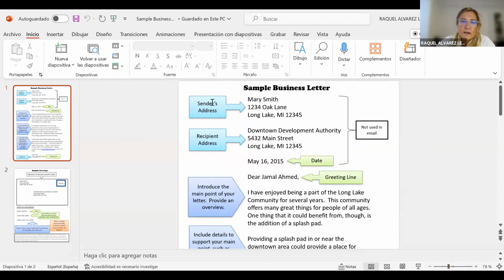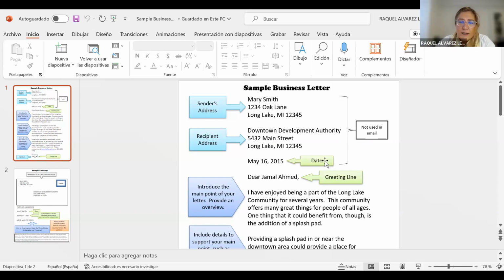So the sender's address is, if you are the person who is sending the mail, your name, whatever. The recipient address, so the person you are writing to. Obviously, if you are doing this in an email, probably it is not necessary to put all these things, but well, you don't know.